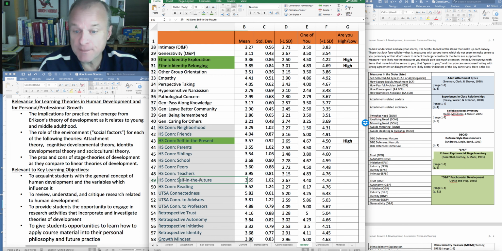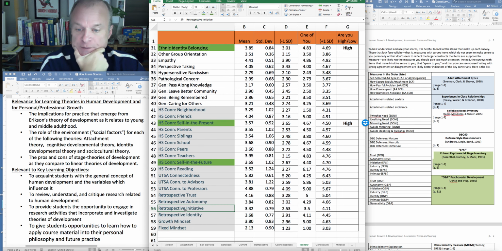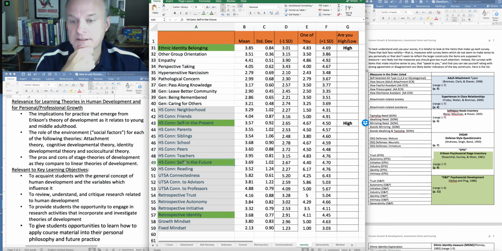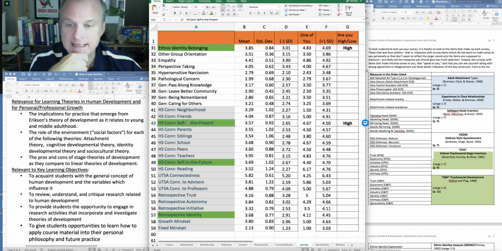But self in the present is another identity scale, right? It's a future identity, whereas this one is a present identity scale. And then there is the retrospective identity scale here, where the person is average. That's more consistent. These two scales should go together: retrospective identity and self in the future identity, an identity that's future focused, whereas this identity was present focused.